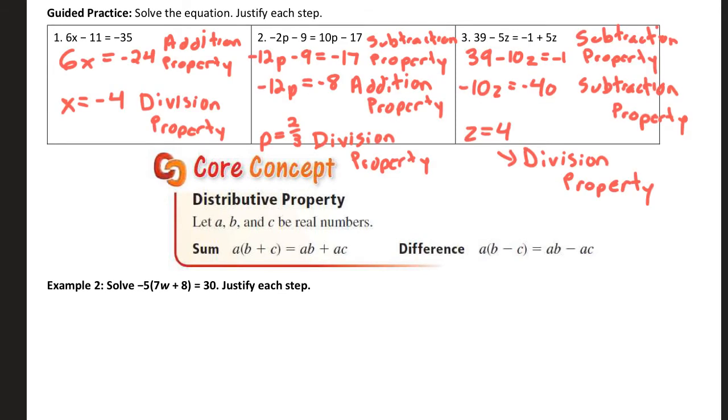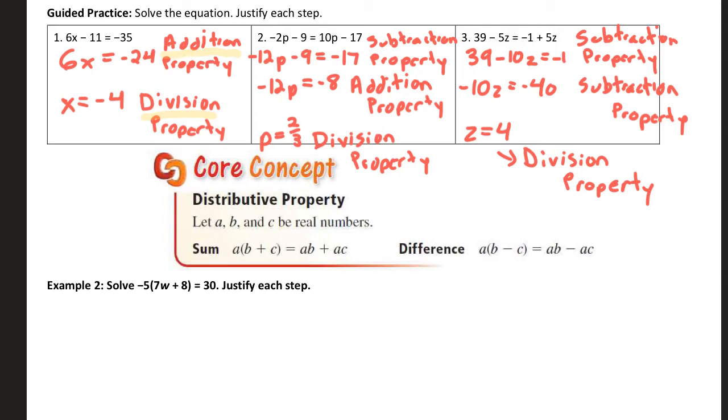Okay, so to explain this set of examples, for number 1, I moved 11 to the other side by adding it to both sides, so that's the addition property. I got 6x equals negative 24. I divided both sides by 6. That's why I wrote the division property. So addition first, then division on both sides.